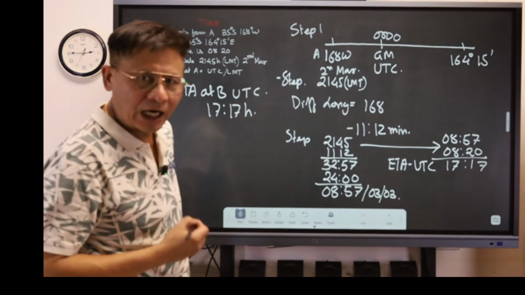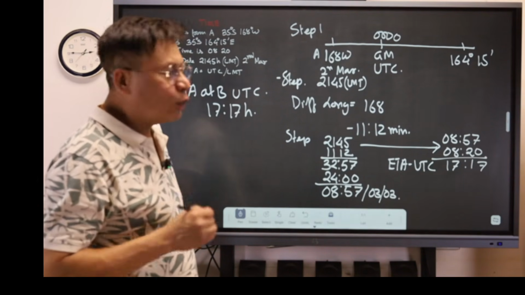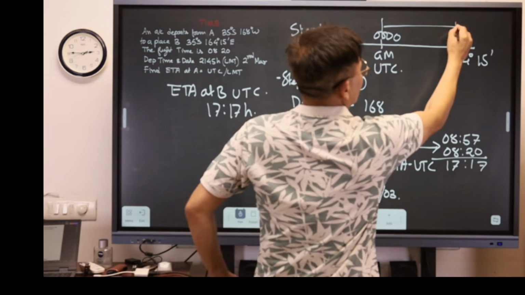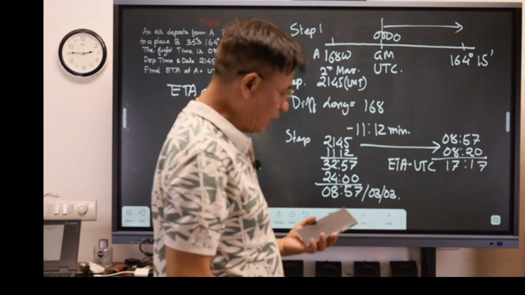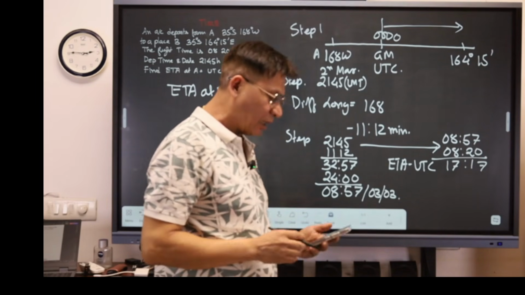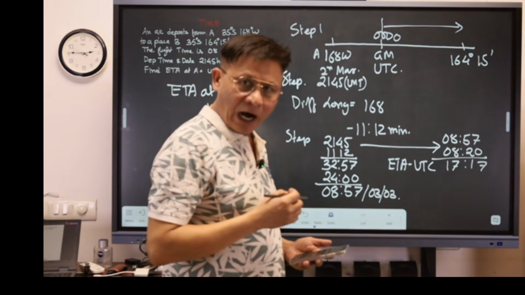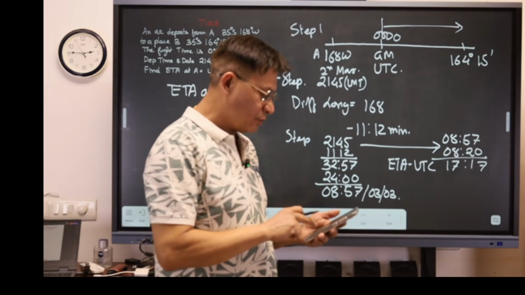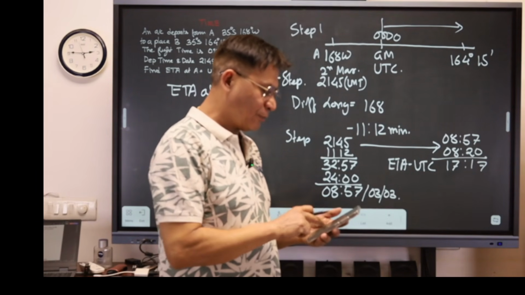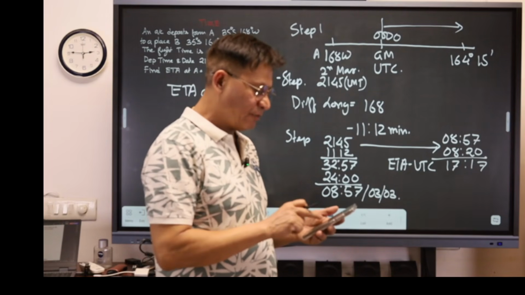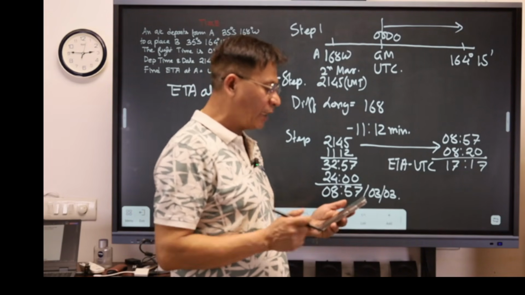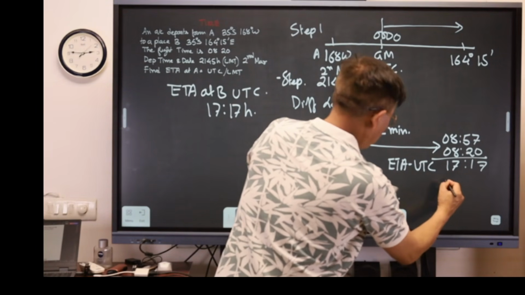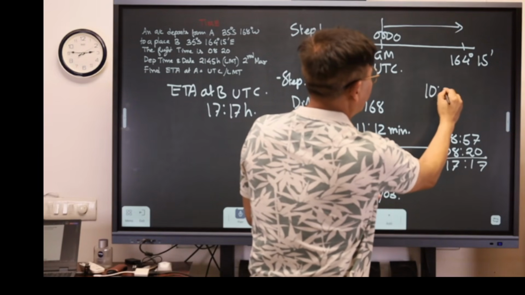Now I need to convert this UTC into the local mean time. The question also asks the local mean time. So now I need to know the difference in longitude. Once again, this is 164 degrees and the 15 minutes. 15 minutes, when converted into decimals of hours, will be 0.25. So 164.25 divided by 15 is equal to 10.95 hours.